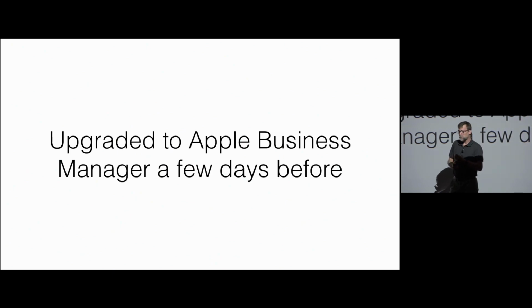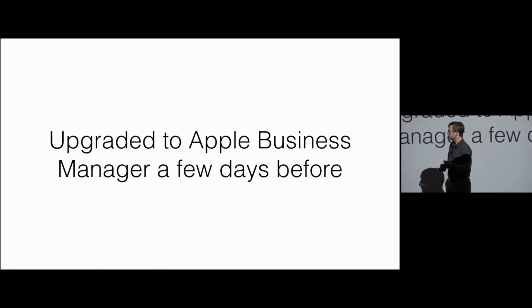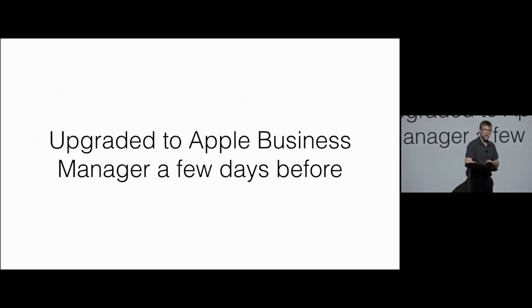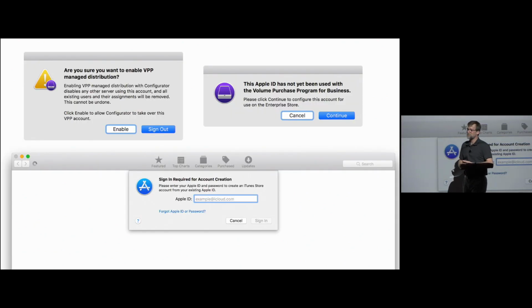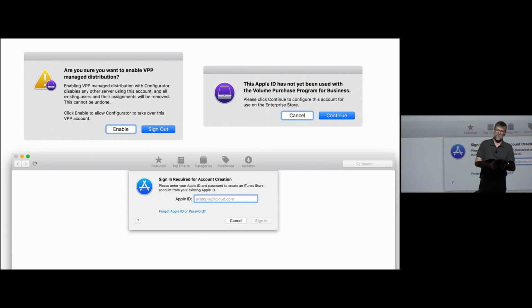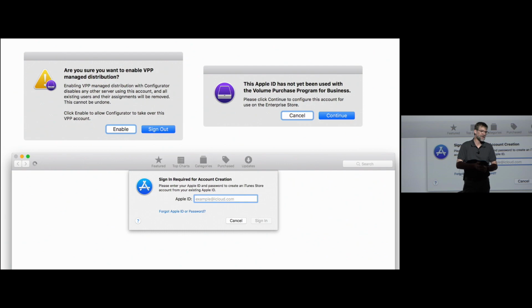The other problem that I ran into with the workshop is that I upgraded to Apple Business Manager a few days before the workshop. So kind of like live demo fire. And when it came time to use Apple Configurator to sideload content, I had people try to log in with the content managed Apple ID for Apple Business Manager. And Configurator said, yeah, no, this is not going to work.